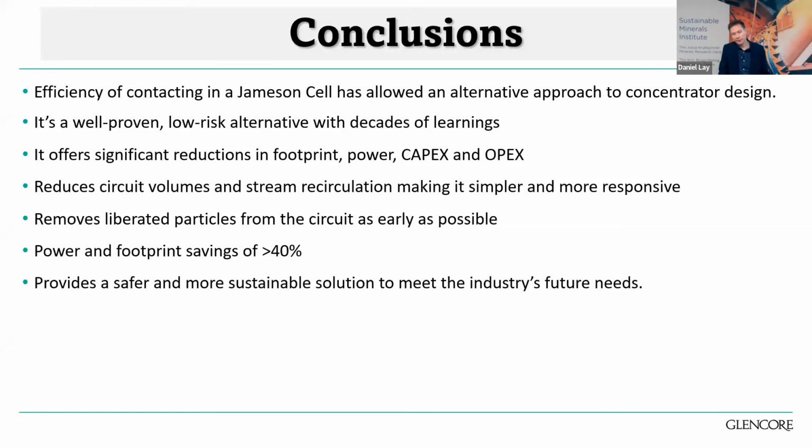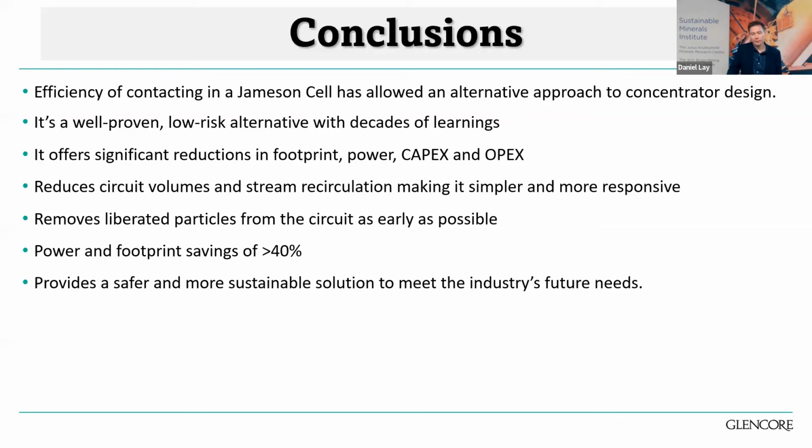So to conclude, a quick recap of my main points. The efficiency of the contacting in a Jameson cell has allowed an alternative approach to concentrator design. It's a well proven, low risk alternative with decades of learning, and it offers significant reductions in footprint, power, capex, and opex.